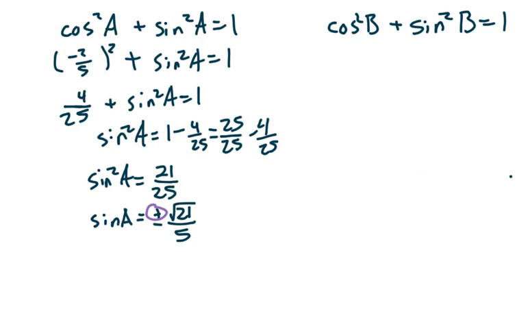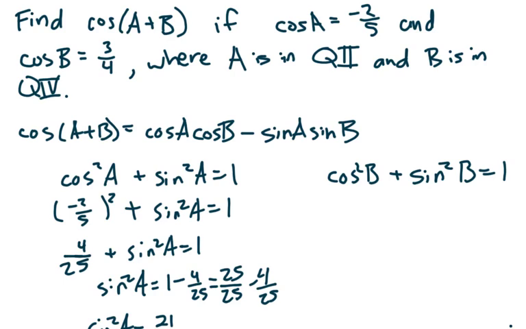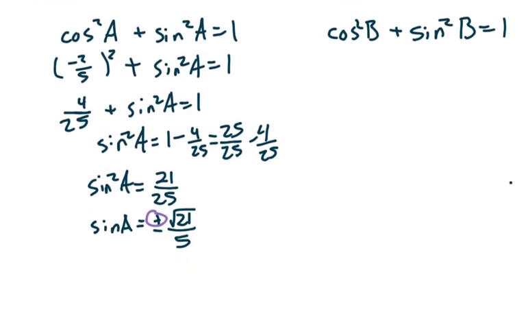If you didn't get this one the first time, here's your chance to pause this and work on this side. Try it. 3, 2, 1. Here I go. I hope you guys paused it and got a good head start. Cosine of b was given as 3/4. So this is cosine b parentheses squared. That means 3/4 parentheses squared.